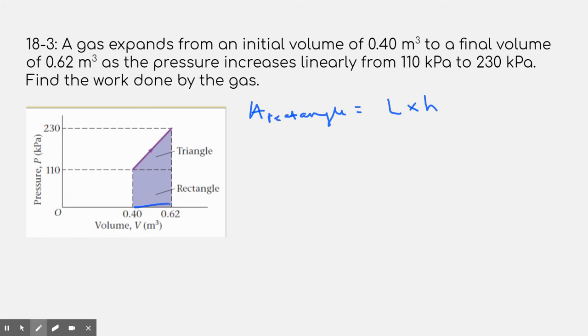Our length is the change in volume and our height is the change in pressure.